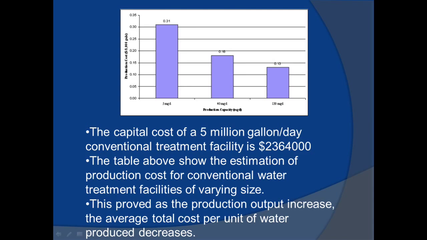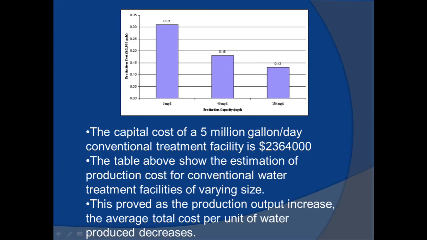As shown in the figure, the per unit cost for a facility is assumed to be operating at 70% capacity, which was calculated as $0.32 per 1,000 gallon for the 5 mgd facility, $0.118 per 1,000 gallon for the 40 mgd facility, and $0.13 per 1,000 gallon for the 130 mgd facility.